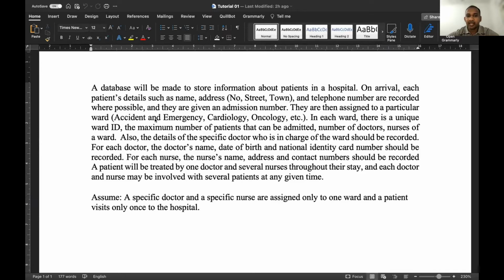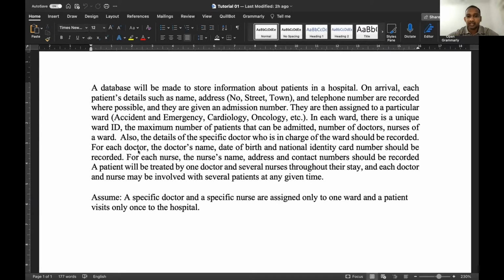The ward can be accident and emergency, cardiology, oncology, etc. In each ward, there is a unique ward ID as well as the maximum number of patients that can be admitted, the number of doctors in this ward, and the number of nurses in the ward. Also, the details of the specific doctor who is in charge of the ward should be recorded.